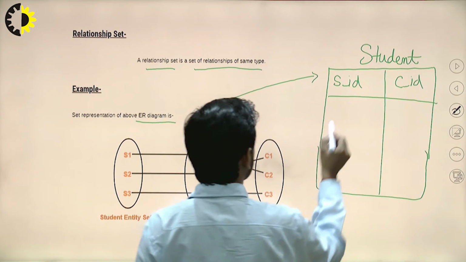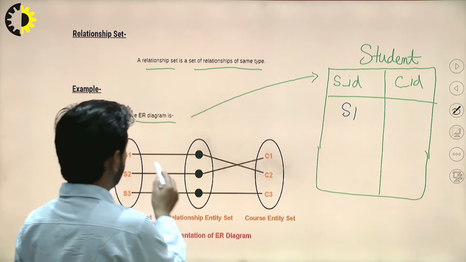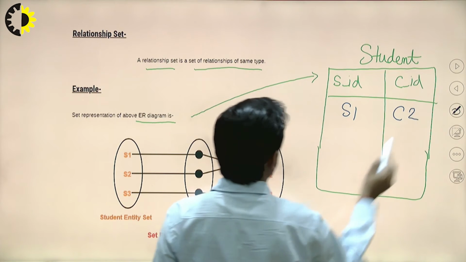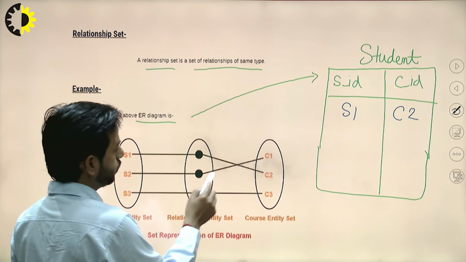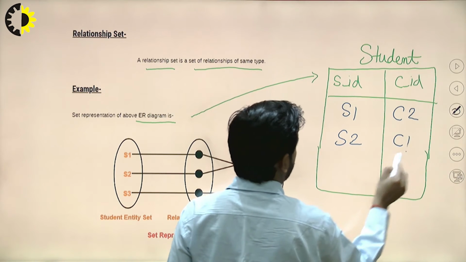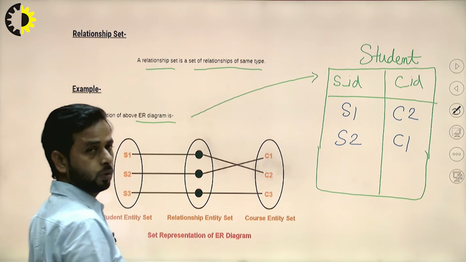Now there is student S1 who studies the course C2. There is student S2 who studies the course C1. There is student S3 who studies the course C3.